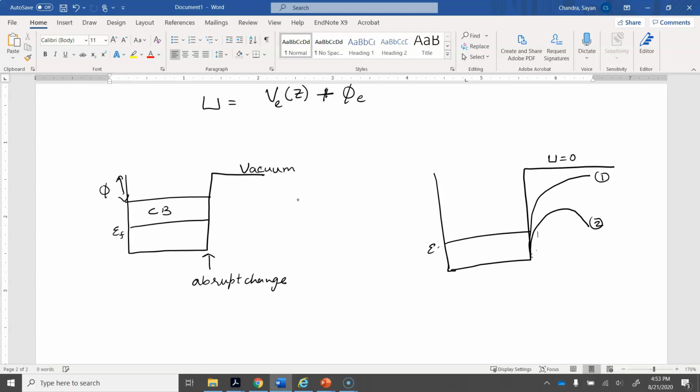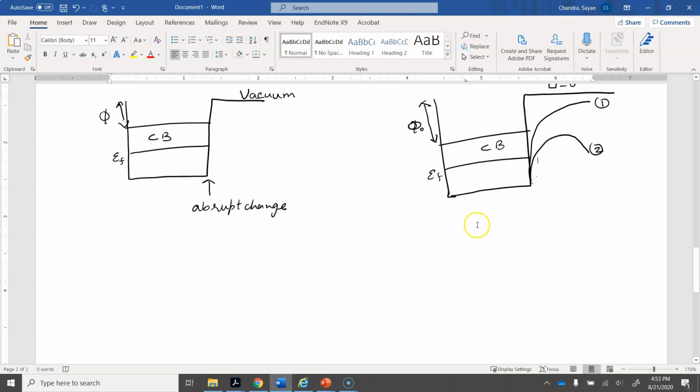So let's just relabel this. This is your Fermi energy, that's your conduction band, and this is your work function. Instead of seeing an abrupt change, the electron sees a slight difference in the potential. So number 1 is just because of the image charge in the metal.